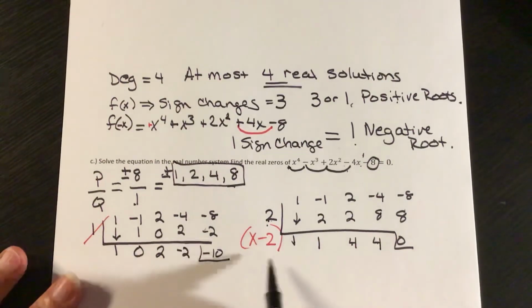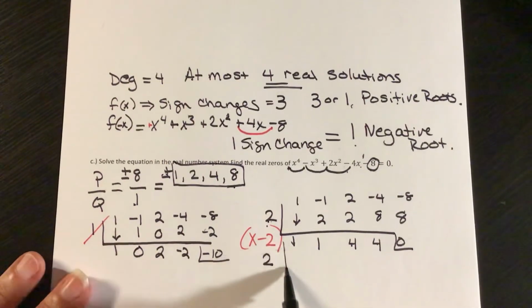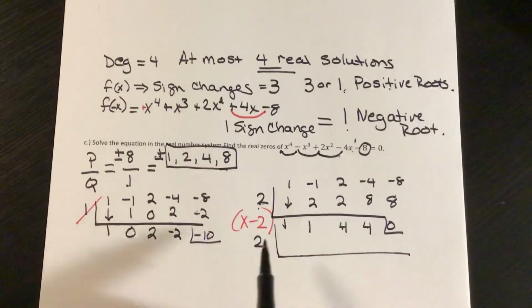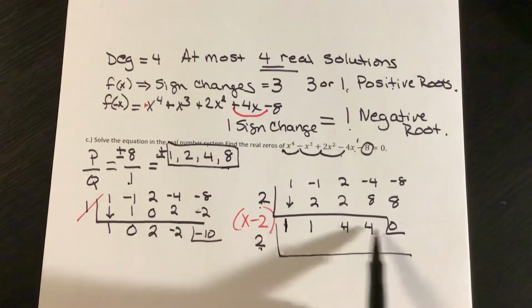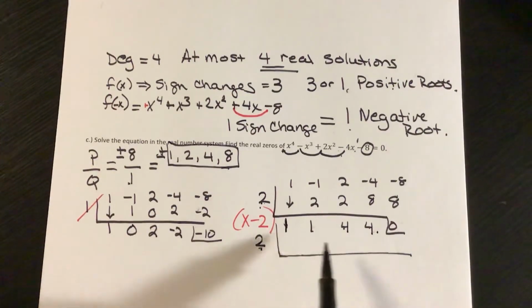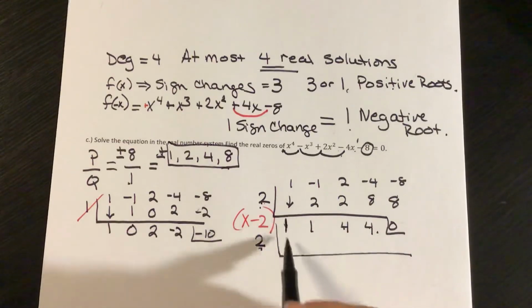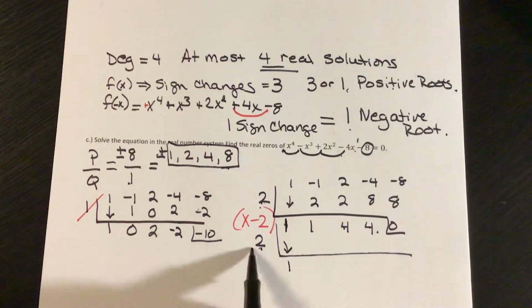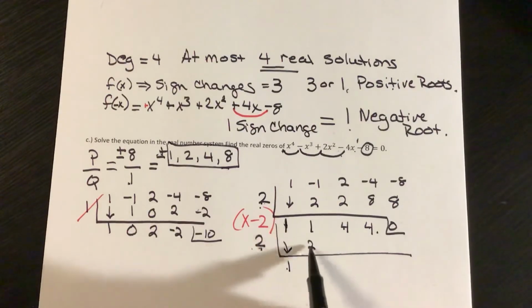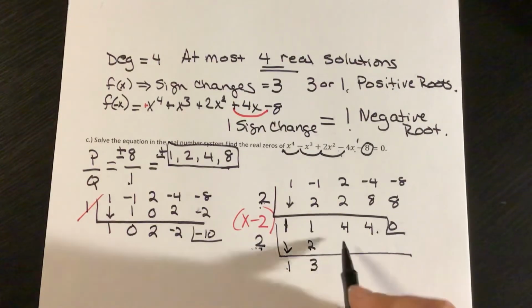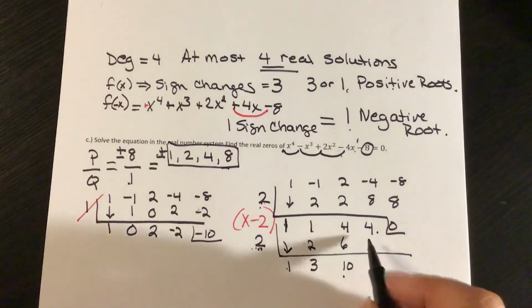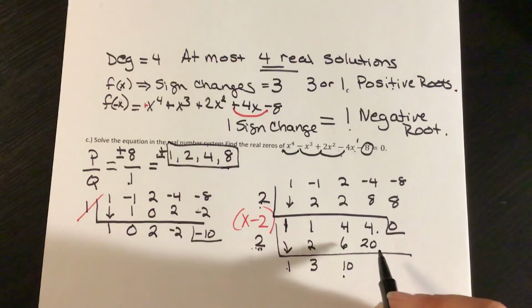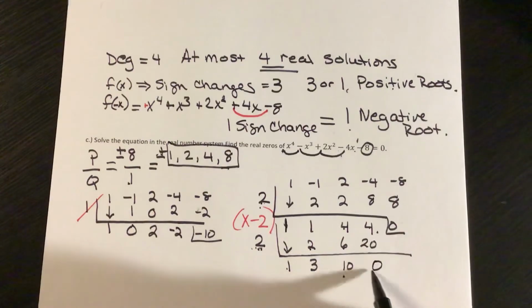Now I'm going to try and test for multiplicity. So I'm going to try another factor of 2, and here I would have a polynomial with these coefficients. I'm just going to keep these coefficients here, bring down the 1. 2 times 1 is 2. 1 plus 2 is 3. 2 times 3 is 6. 4 plus 6 is 10. 2 times 10 is 20. And I'm going to add down, and I don't get a remainder 0.